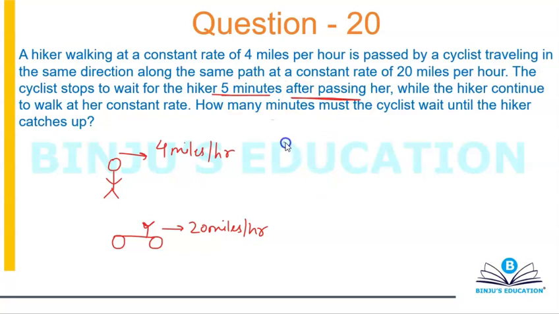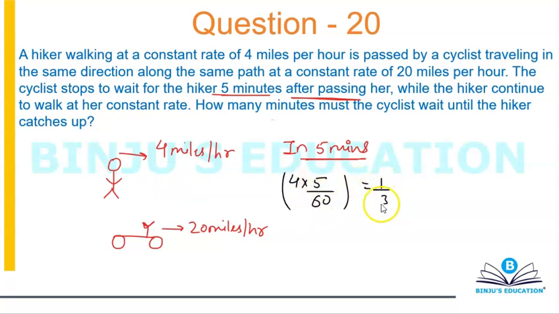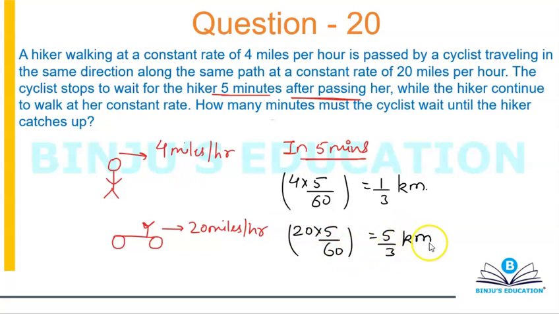Now, the cyclist stops to wait for the hiker 5 minutes after passing her. What would have happened in those 5 minutes? In 5 minutes, the hiker would have traveled a distance of 4 into 5 by 60, so that is 1 by 3 mile. And the cyclist would have covered a distance of 20 into 5 by 60, so that is 5 by 3 miles.